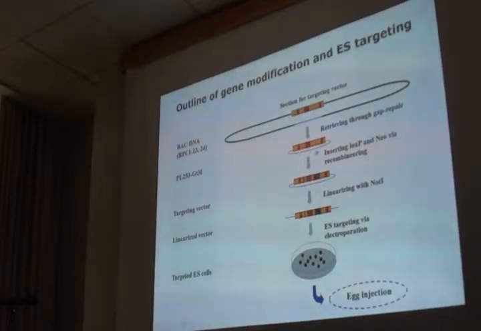So we will retrieve, I won't go into all the details, but anyway, we will retrieve that piece out of the BAC. And then we will insert the loxP sites where we want them in the genome. And then linearize the DNA, electroporate it into the embryonic stem cells, and then screen the ES cells.